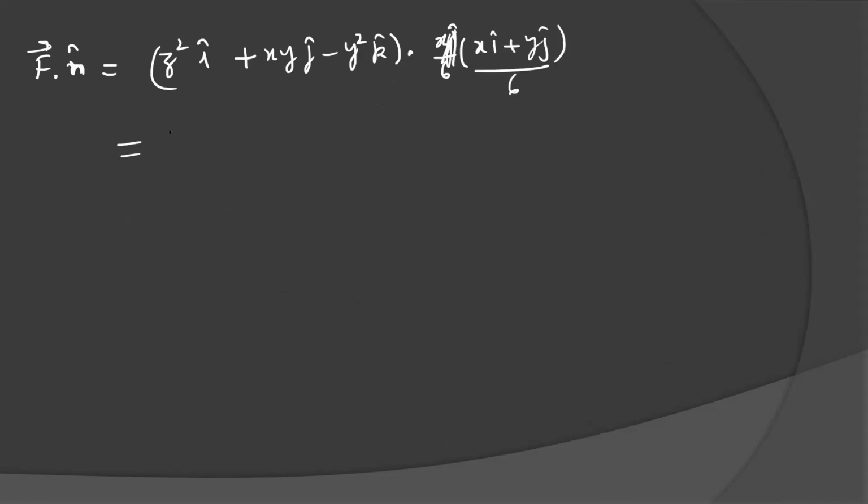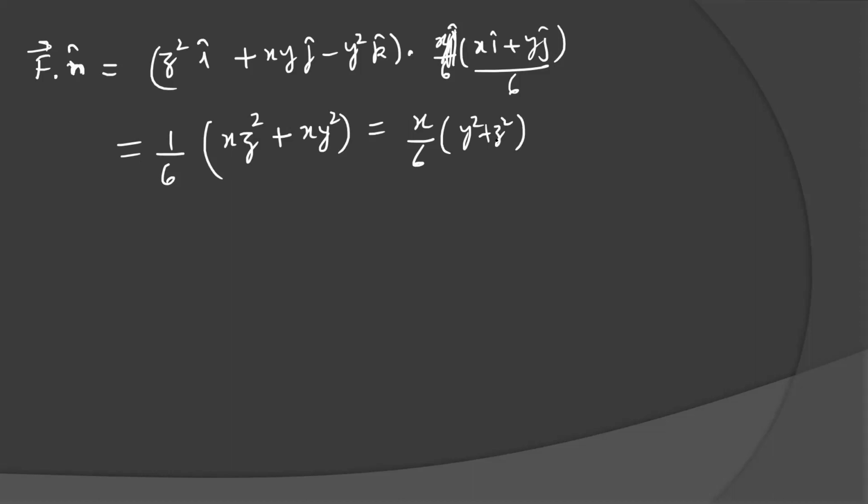If you take the dot product, 1 by 6 you can take outside. It will become xz square plus xy square, or you can write x by 6 times y square plus z square. So we can see that x by 6 is outside here.